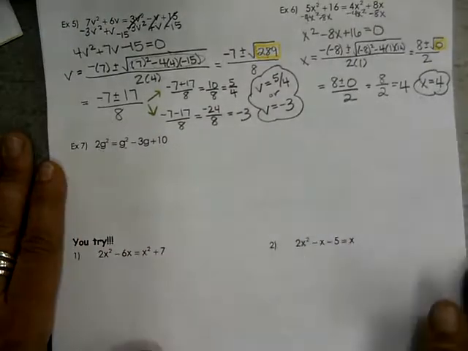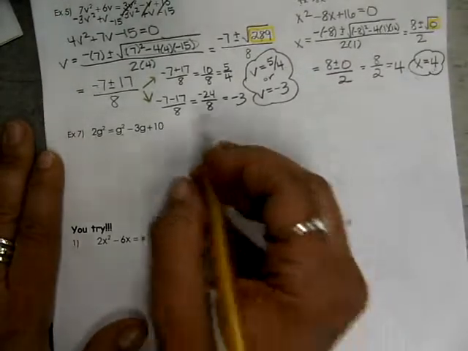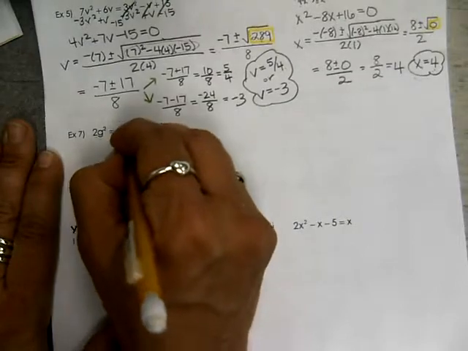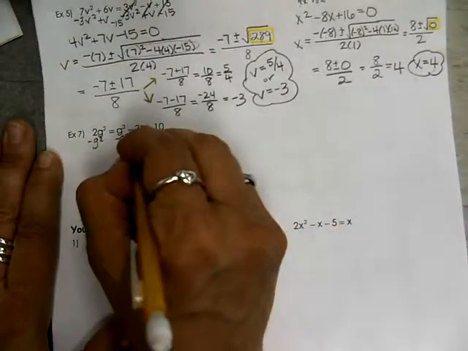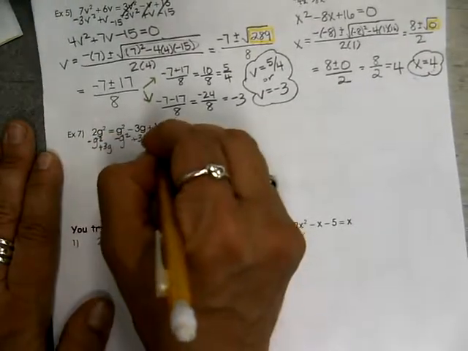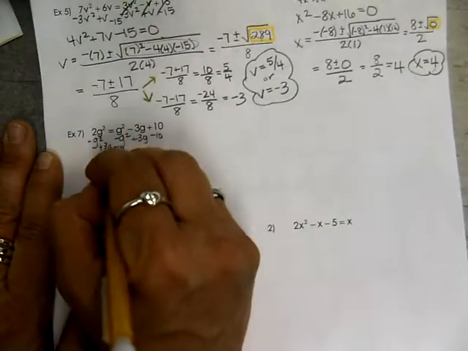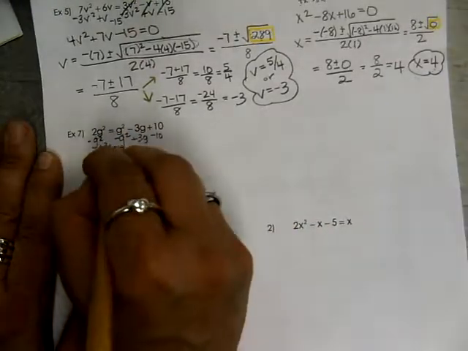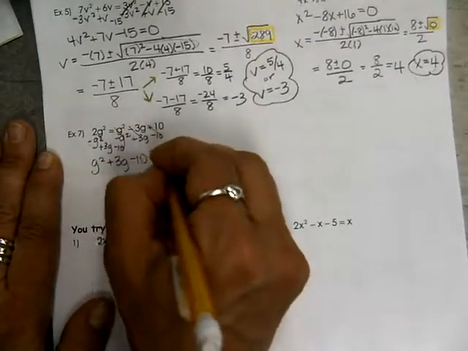So if you're confident, you can work forward, and you should still get the same thing at the end. But I'm going to take all of these things and move them to the left. I'm going to subtract g squared, add 3g, and subtract 10. All right, so I get g squared plus 3g minus 10 equals 0.